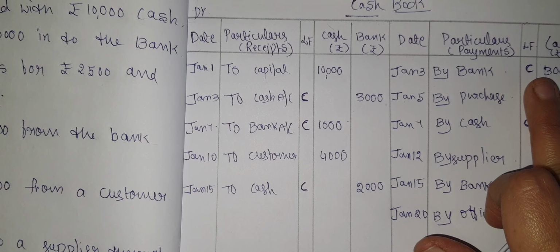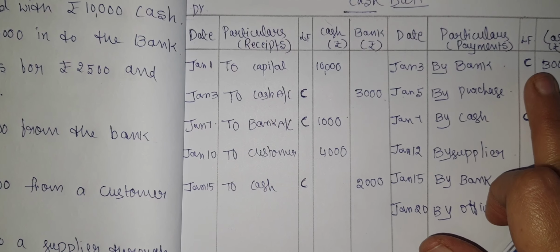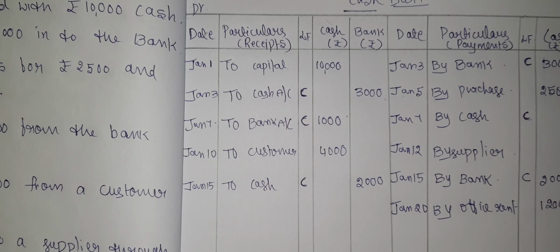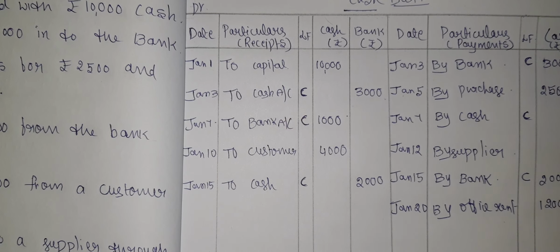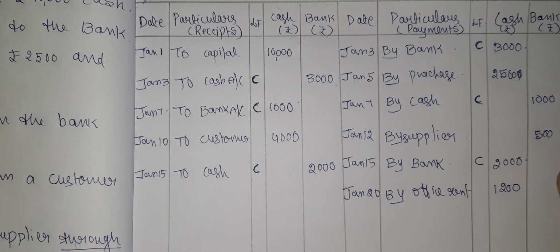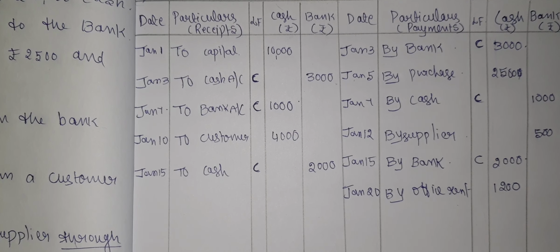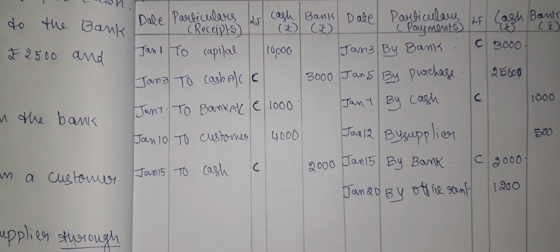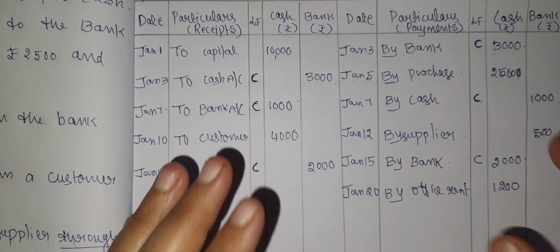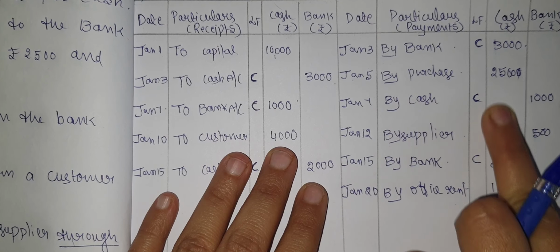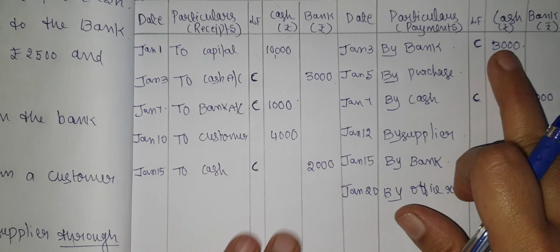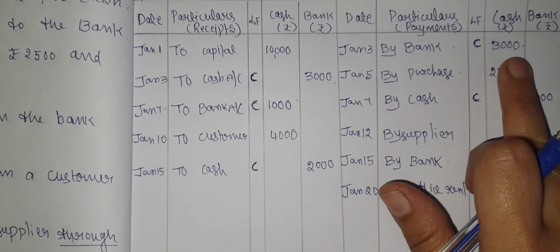And the question will arise where we have to enter the amount. So here when business is depositing cash into the bank, the cash balance of business will reduce. To show this reduction in the cash account, the amount is written in the cash column on the credit side. Means what? Because cash is decreasing. So rupees 3000.